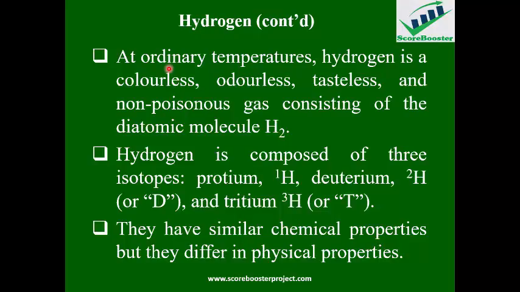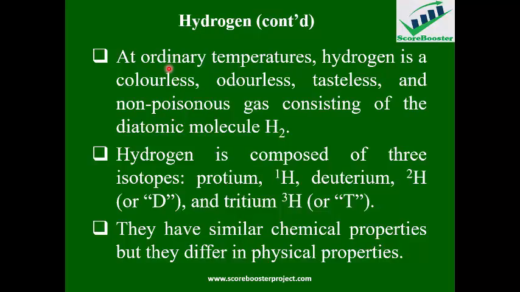At room temperature and pressure, hydrogen is a gas that is colourless. It is also odourless. It means if you put your nose there, it cannot give any smell. It is tasteless. How would you taste it? And it is non-poisonous, so they work with it easily in the laboratory.